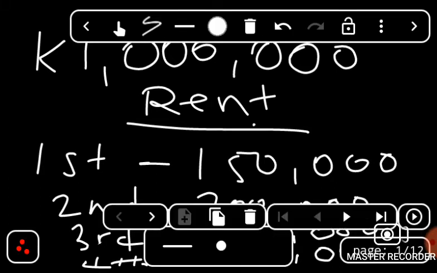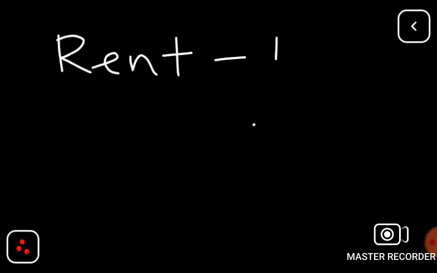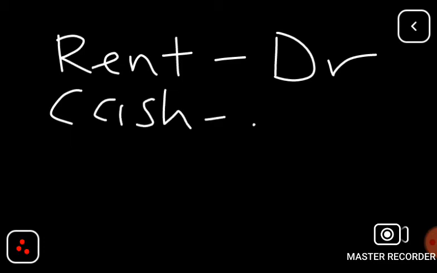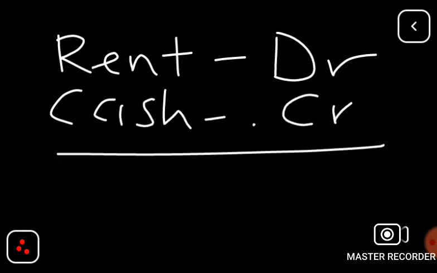Now, remember, let's do some double entry for expenses. So the double entry is that rent you are going to debit, because you're having an expense. Then if you pay by cash, we're going to credit. So this is your double entry, because people are asking me, why are we crediting, why are we debiting this?